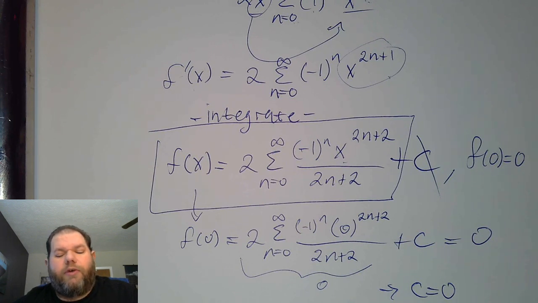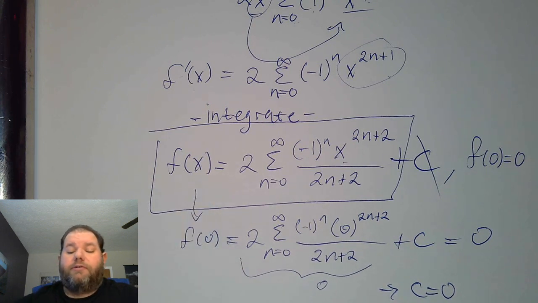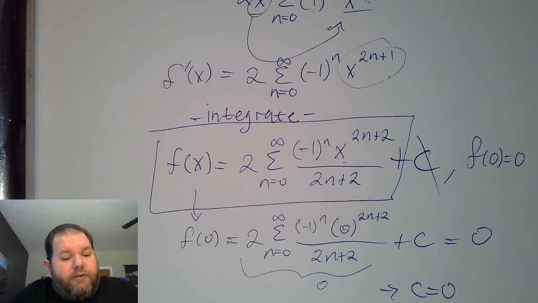So that's one thing that we'll have to make sure that we do whenever we do this process, which is we differentiated the expression, we found a power series, and then we integrated again to get a power series for the original function. Okay, and it could be that in other cases we have to integrate something, get a power series, and then differentiate. There's different ways that we might have to proceed. It really just depends on the function that we're working with.